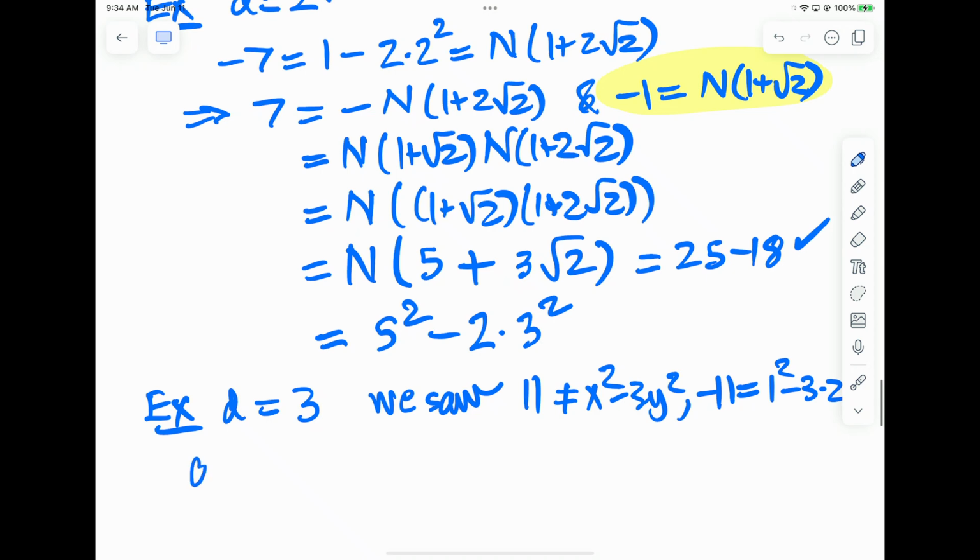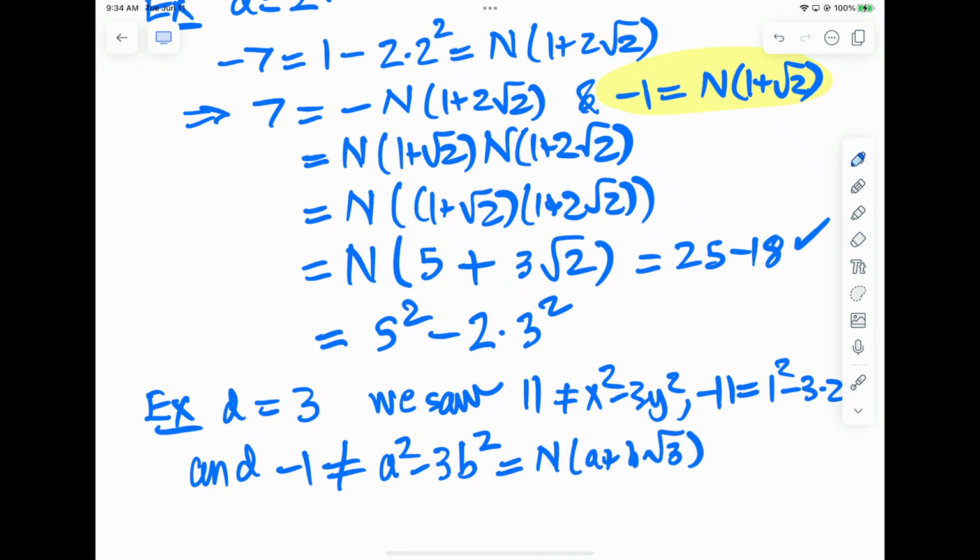And in this setting, the negative sign is not a norm from Z root 3, simply because if you look at both sides of that equation, by reducing mod 3, if that were true, minus 1 would be a square mod 3, but minus 1 is 2 mod 3, and 2 is not a square mod 3, because the only non-zero square mod 3 is 1.